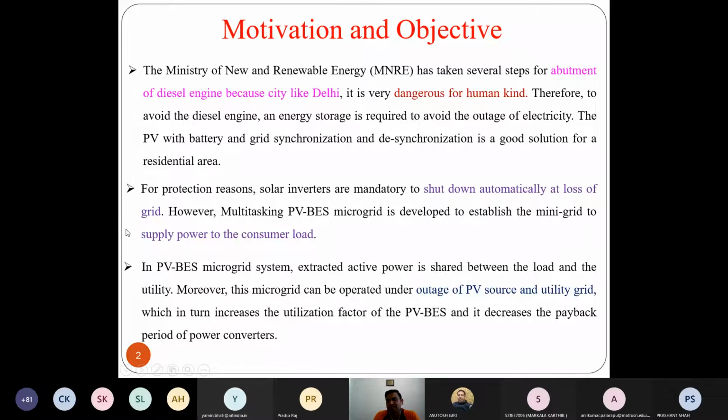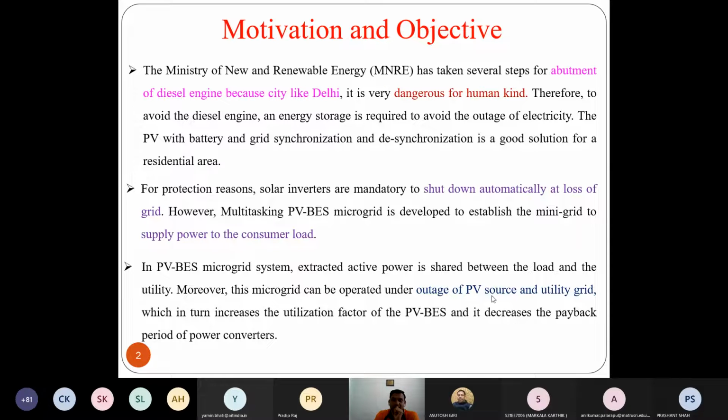So we can operate this microgrid in standalone mode and continue to supply power to the loads. The other feature is that this microgrid system is multi-mode based. We have a photovoltaic battery energy storage based microgrid system, and extracted active power is shared between the load and the utility.